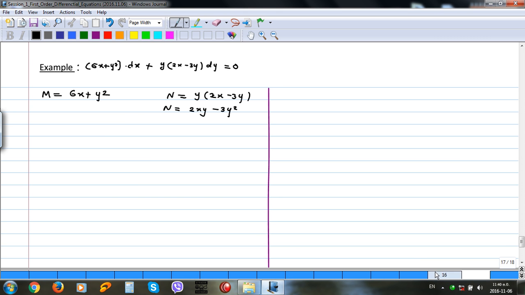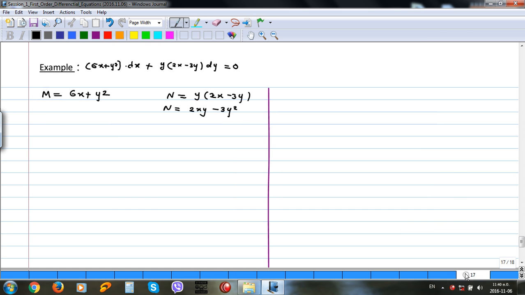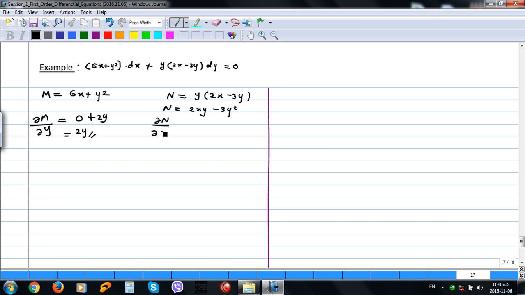So the test for exactness is ∂M/∂y and ∂N/∂x. For ∂M/∂y, x is treated as a constant, so the first term gives 0, plus 2y. The answer is 2y. And we find ∂N/∂x also.